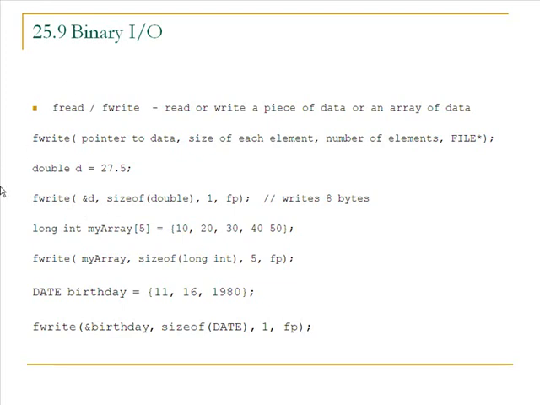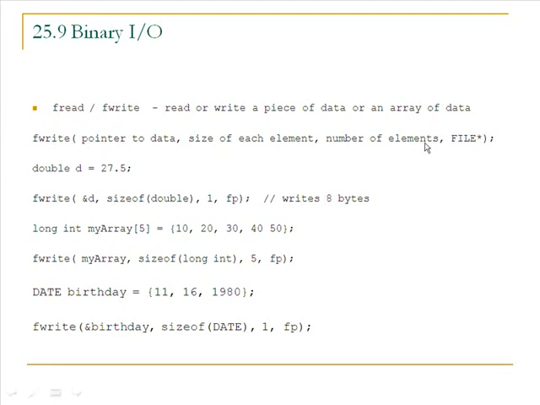So we have 2 functions called fread and fwrite. Some people call these freed and frite. And you can use these to pretty much achieve all of the binary file I/O that you have. There are some other functions that make things easier and more efficient, but these are the 2 that are the most important. So let's look at fwrite first.